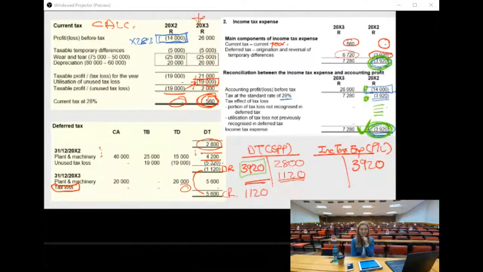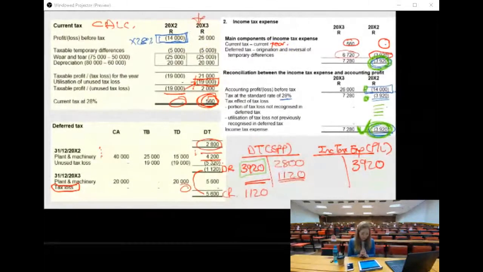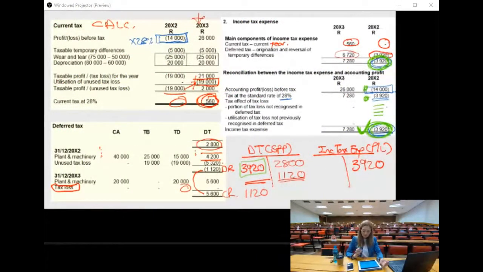That comes in the next examples. So as you can see up to now, no problem. We can go ahead, recognize the full tax loss, no issues, quite straightforward.